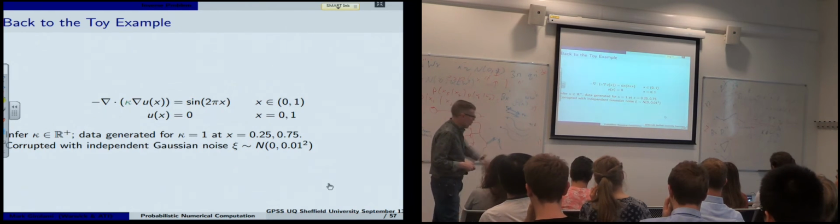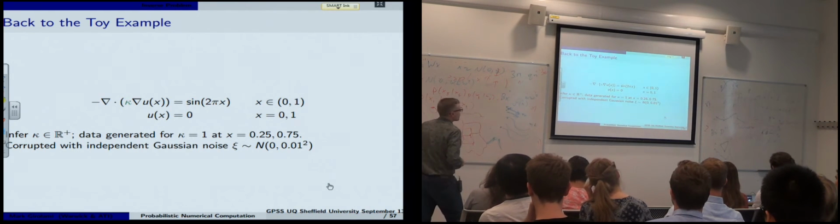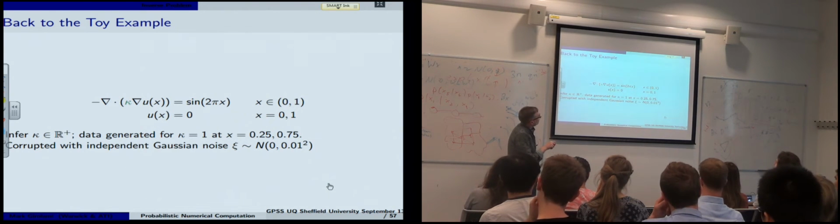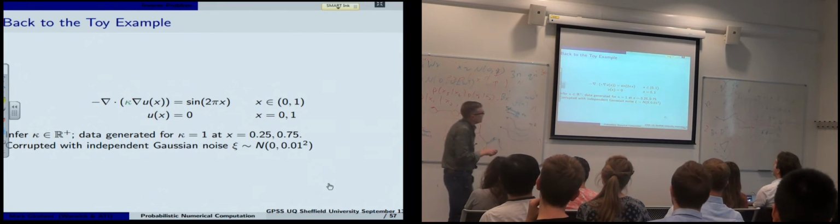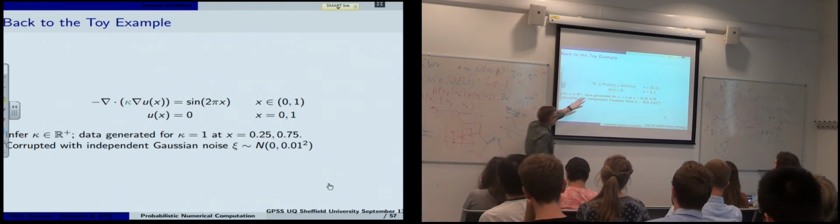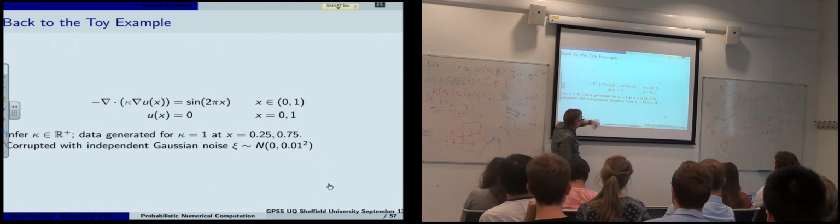So if we go back to our toy example from the last 5 minutes, we want kappa. We know that the process satisfies this PDE and this boundary condition. And what we've done is generate data from this where the true value of kappa is 1.